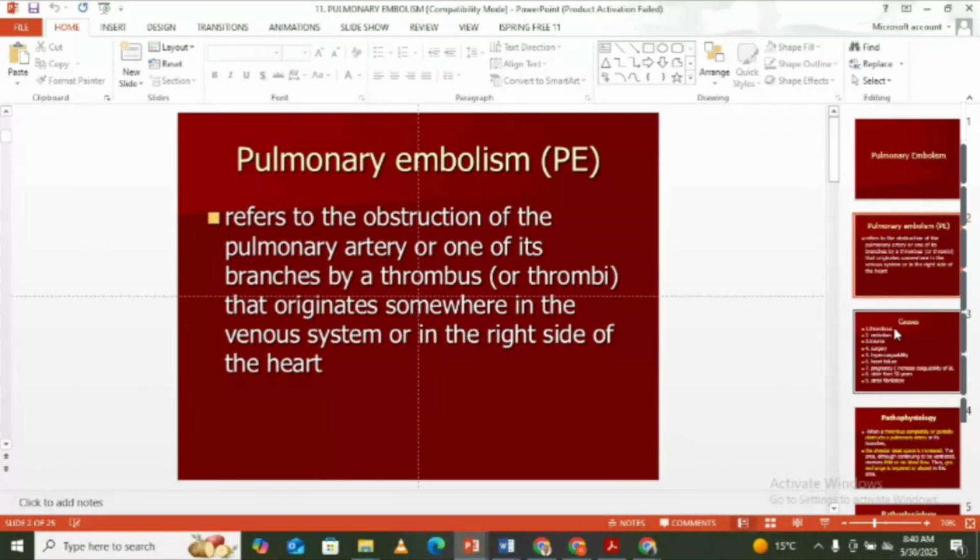So you'll find that there's obstruction to the pulmonary artery or one of its branches by a thrombus that has originated from somewhere else in the venous system, or sometimes from the right side of the heart.